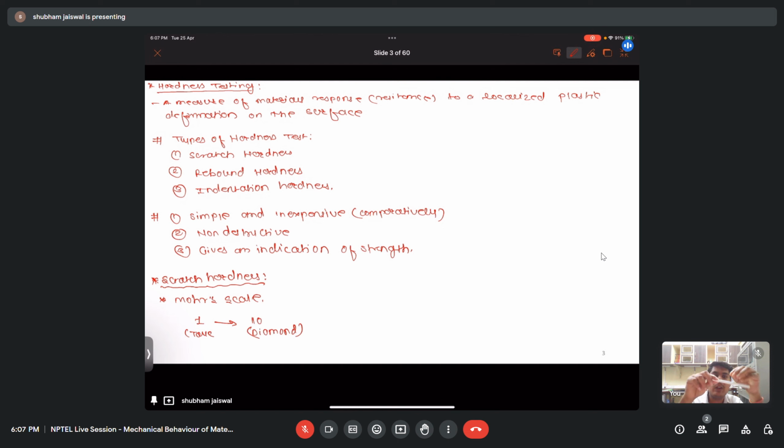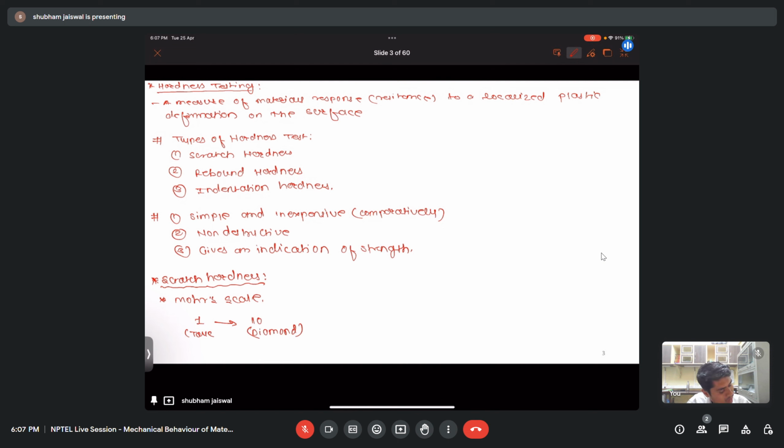Or if it is not, its hardness is greater than that of my fingernail. Suppose I scratch with some other material, if it is scratching that material, then its hardness is less than that of the material. But if not, then it has the higher hardness as compared to the material that we have used for scratching.